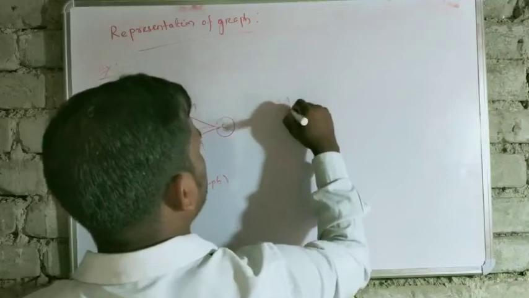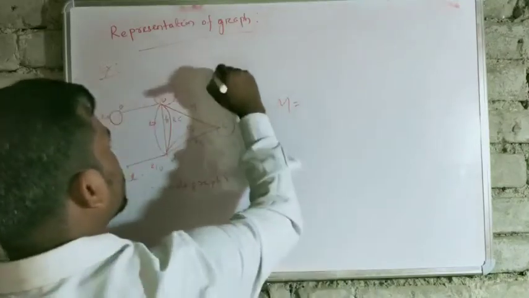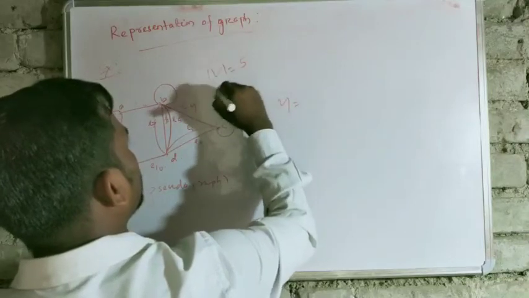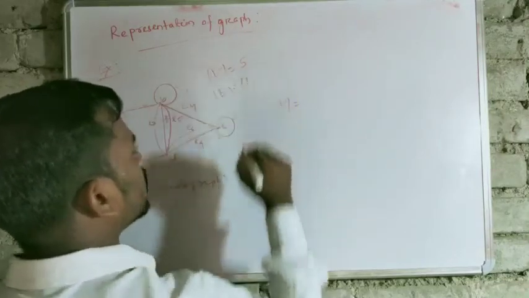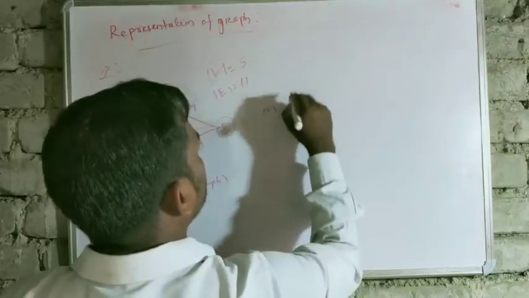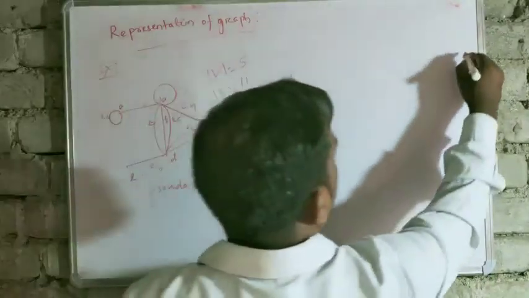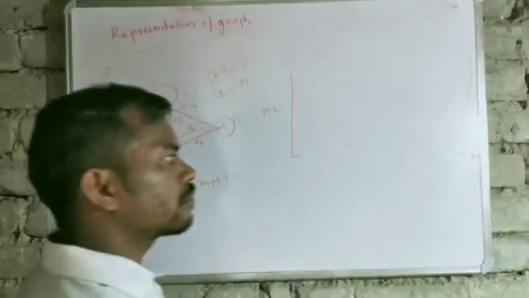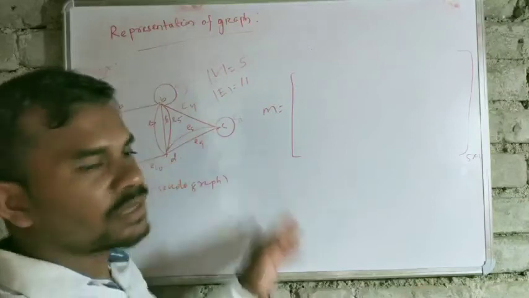So if a pseudo graph is given, let M be its corresponding incident matrix. Here the number of vertices is equal to 5 and number of edges is 11. So the answer will be a matrix of 5 cross 11, which is a big matrix.